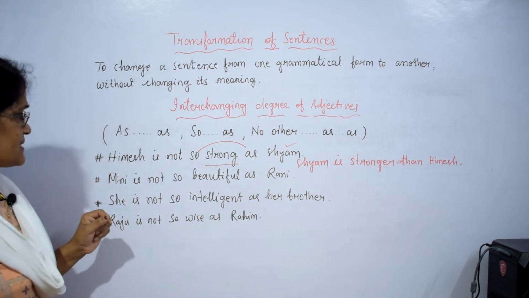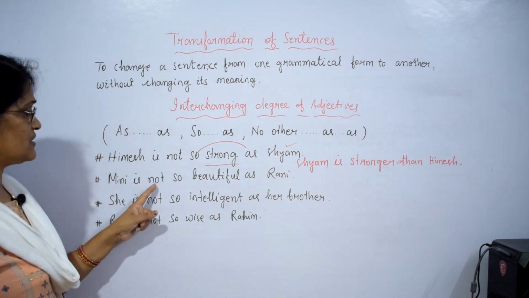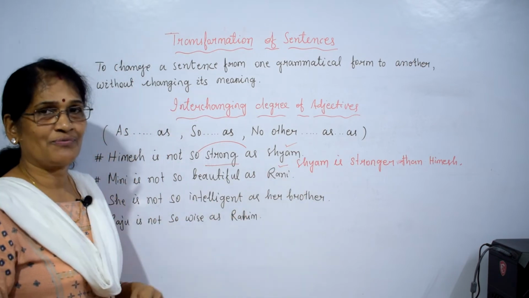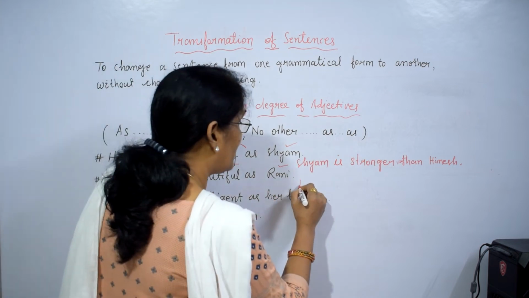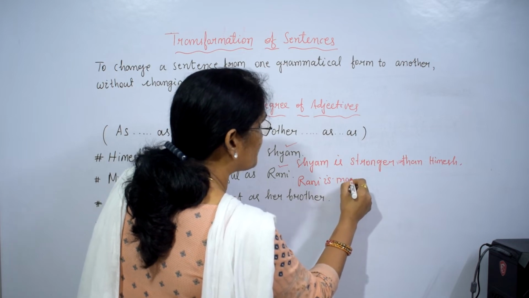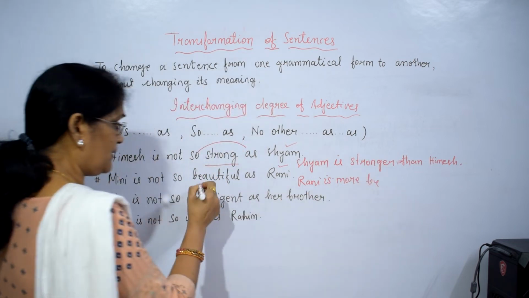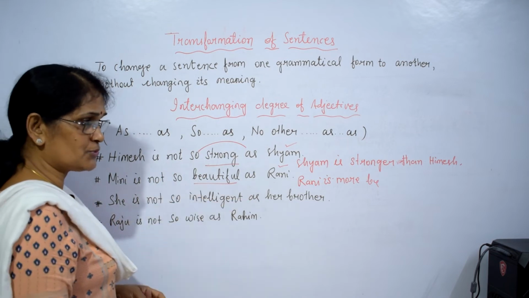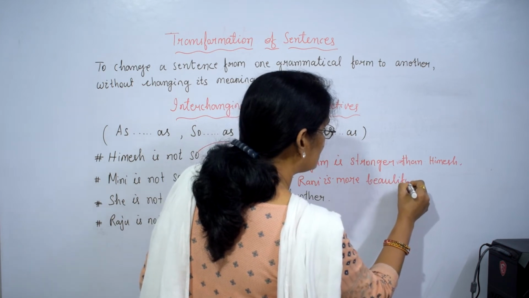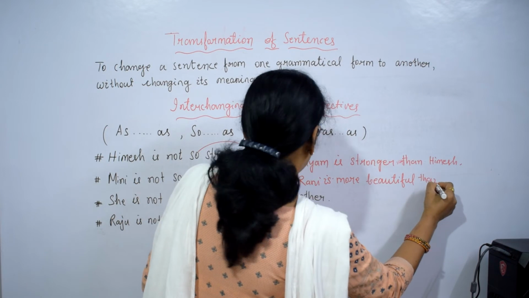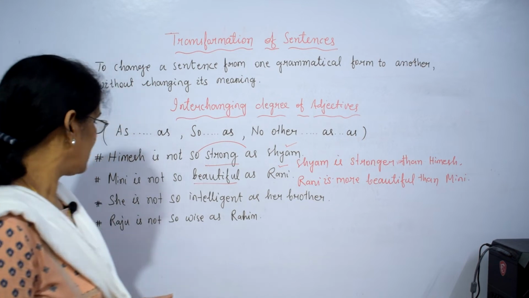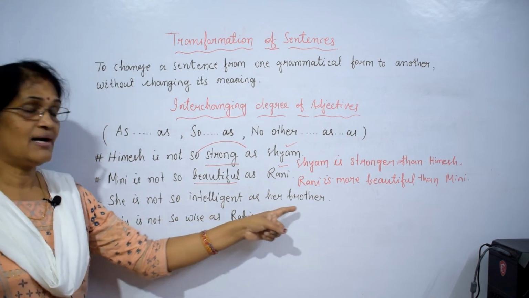Okay, next. Mini is not so beautiful as Rani. That means Rani is more beautiful. So you take the name Rani. Rani is more beautiful than Mini. Beautiful, more beautiful, most beautiful; comparative degree more beautiful. Next: She is not so intelligent as her brother.